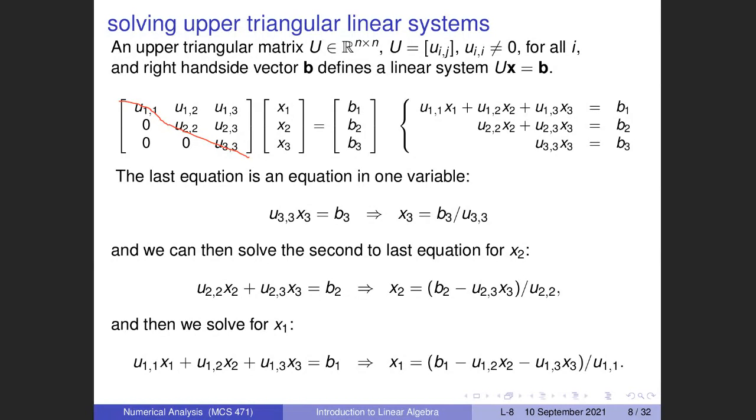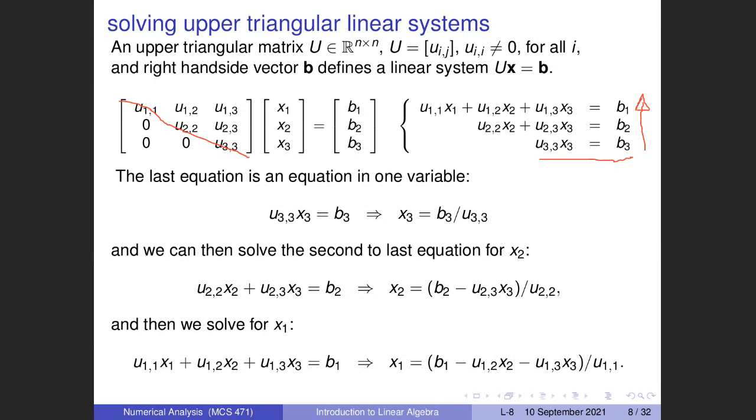So these are very special matrices, and the linear system then can be solved by what we call back substitution. So we look at the system from bottom to top. So the first equation that we can solve rather easily is the last equation.